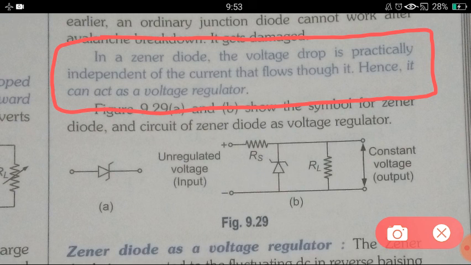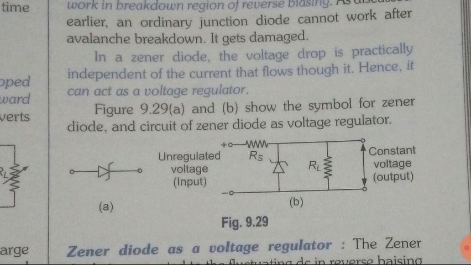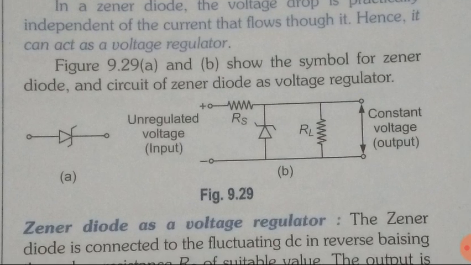So if we use a Zener diode as a regulator, without affecting the current passing in the fan, we can change the voltage, and by changing the voltage we can change the speed of the fan. Is it clear? That's why the Zener diode is used as a voltage regulator, because it is independent of current.